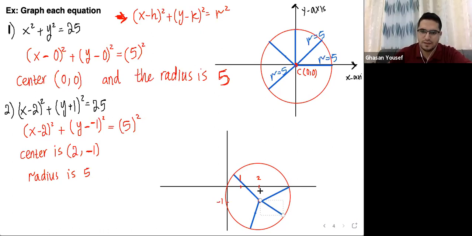All of them, the same thing, r equals 5. So here is r equals 5. Here r equals 5. And the center point, this one, is (2, -1).